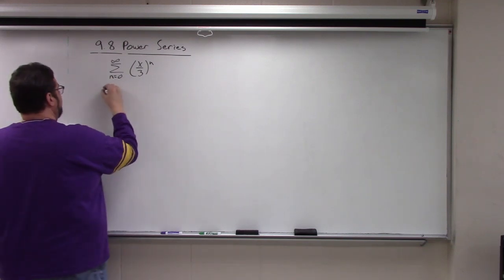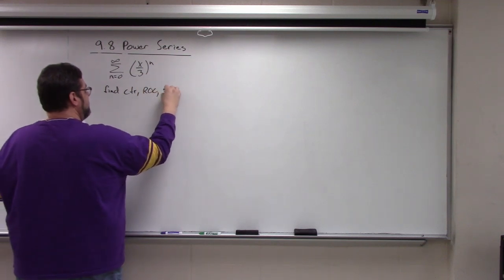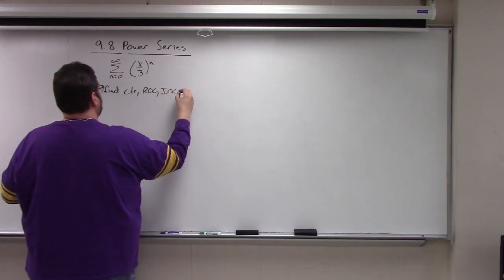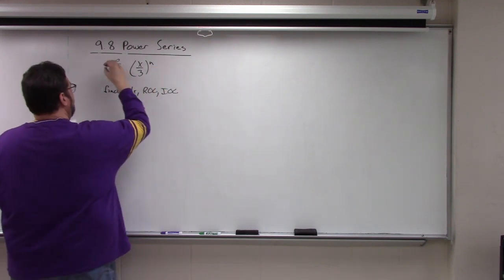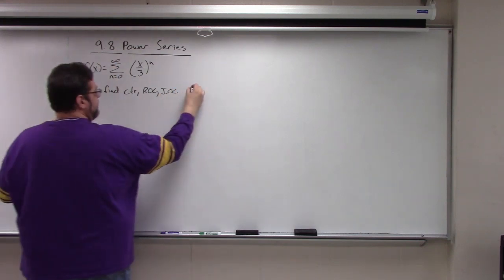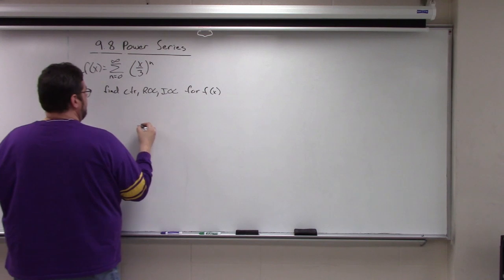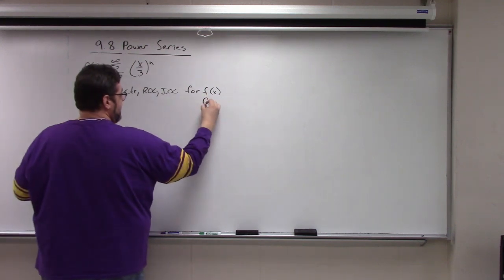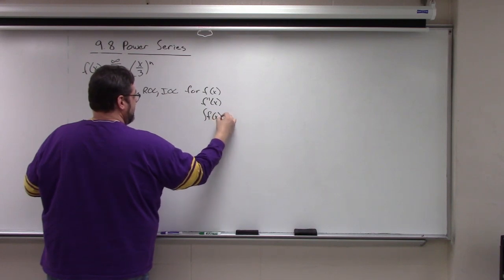So I want to find the center, the radius of convergence, and the interval of convergence. And we're going to define this as a function f. Then we want to find it for f prime of x and the integral of f of x dx.